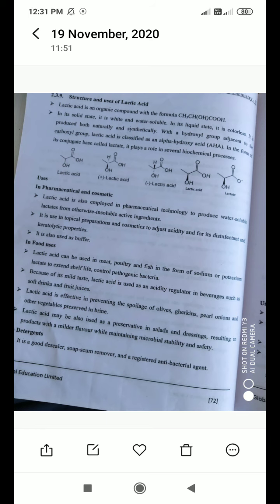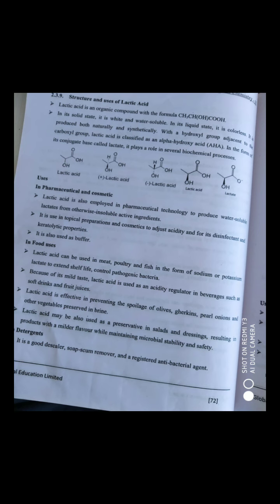Now, what is next? Because of its mild taste, lactic acid is used as an acidifier and regulator in beverages such as soft drinks and fruit juices. It is used as an acidifier to acidify that particular medium.